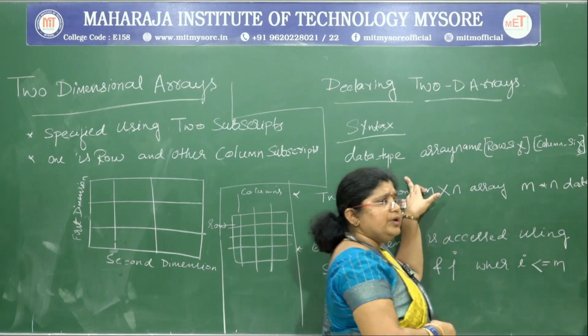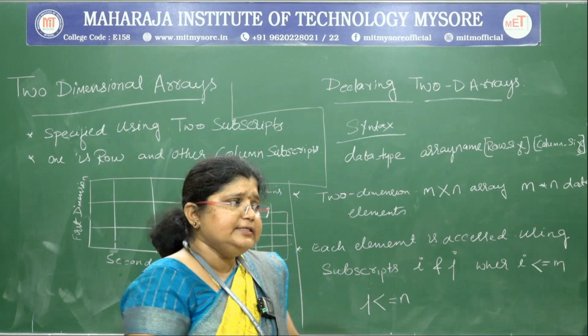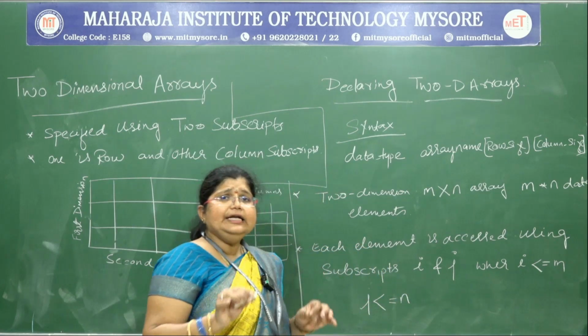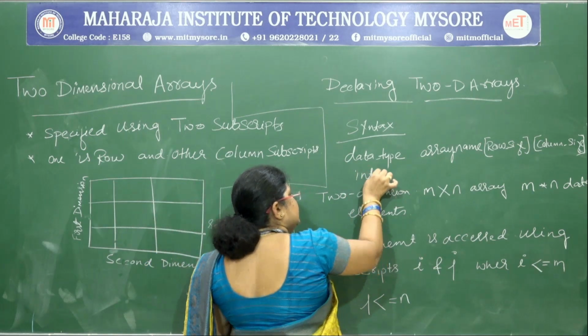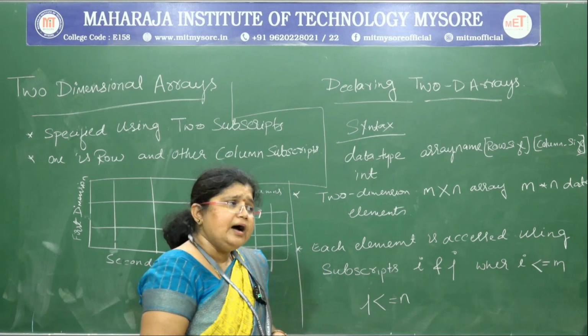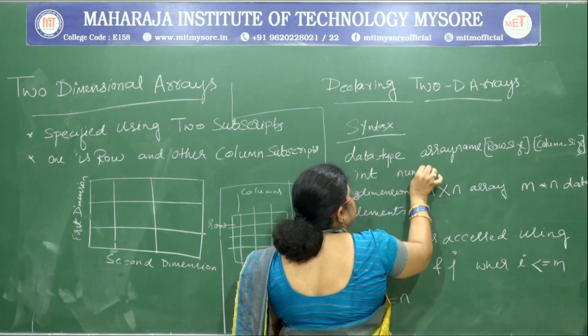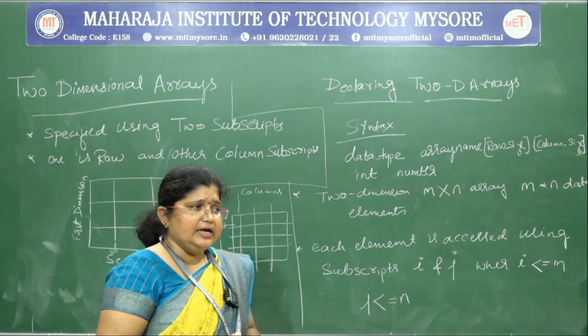For example, if an array is of integer data type, then int specifies the data type and numbers is just the name of the array.